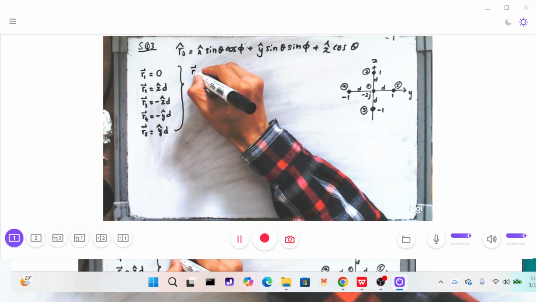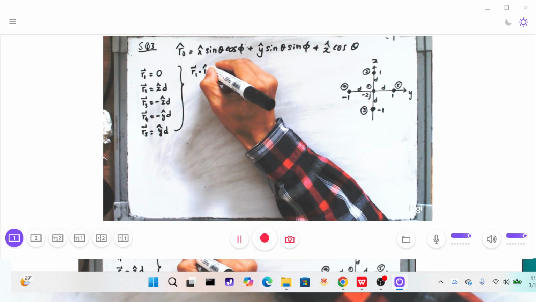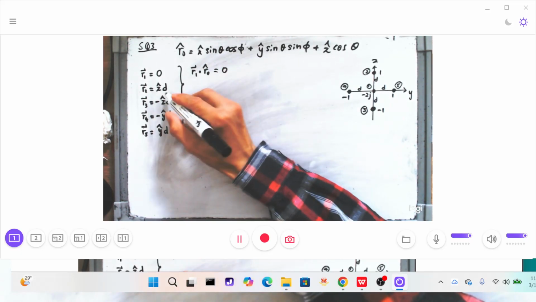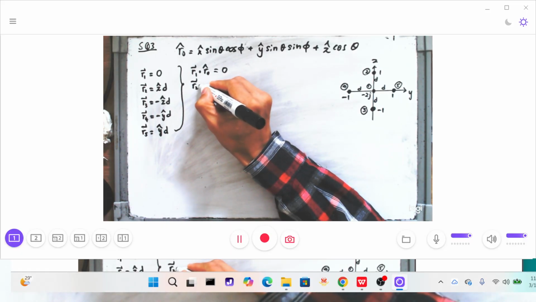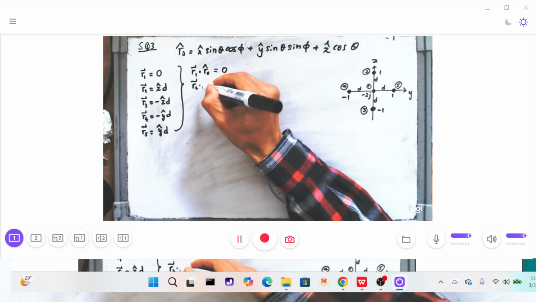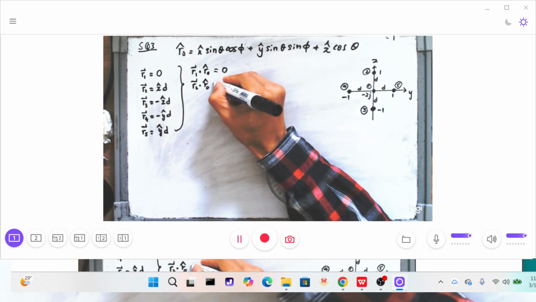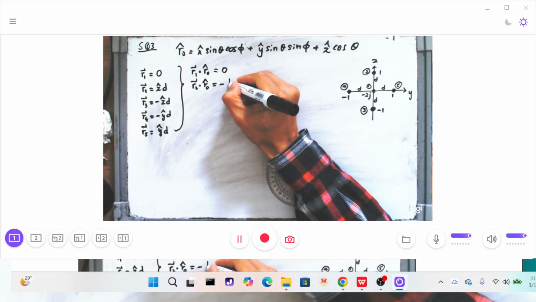The way we do it is we dot product with r0 hat. So for r1, the result has got to be 0. And for r2, we dot product with this one, and then we will get d cosine theta. And for r3, minus d cosine theta.